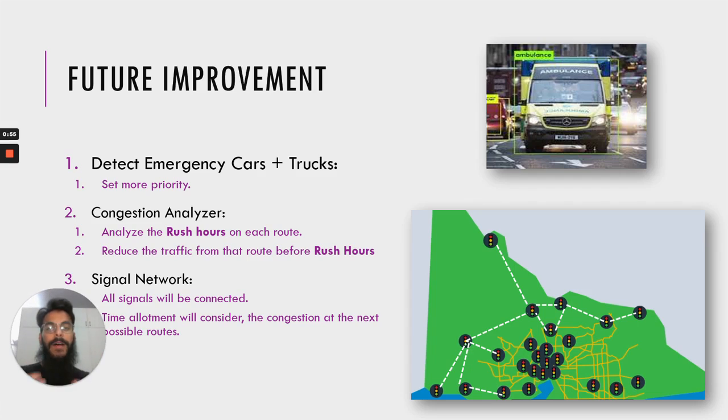For example, if I pass 100 cars towards south and east, I can inform those signals that, hey, you will receive some congestion in a few hours or a few minutes, so that they can manage before those critical times.